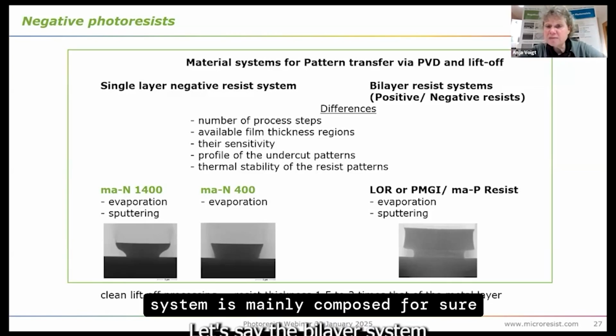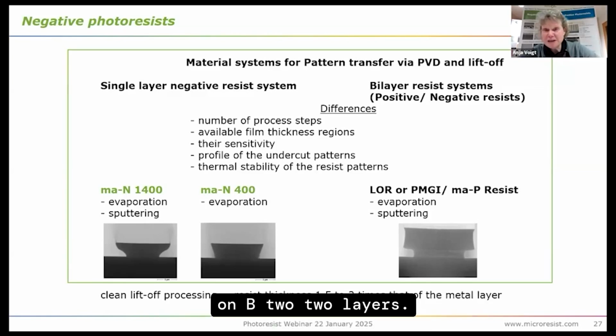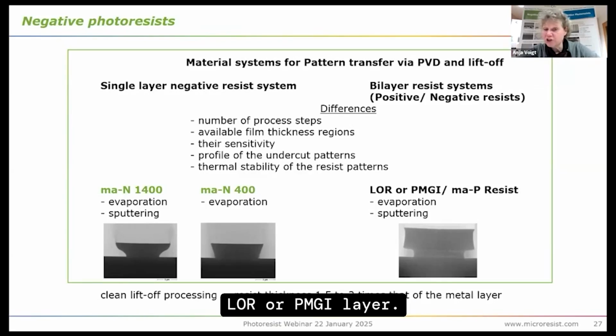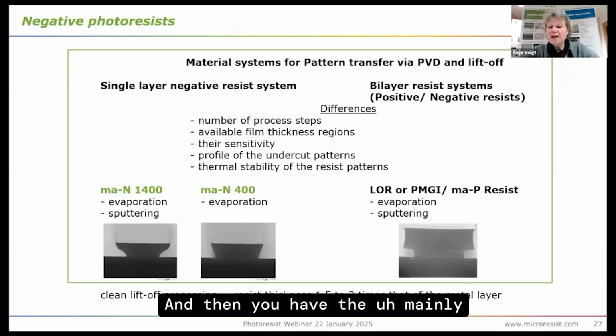The bilayer system is mainly composed, for sure, of two layers. The first layer is a non-sensitive LOR or PMGI layer, just coated, baked. And then you have the mainly positive resist on top.